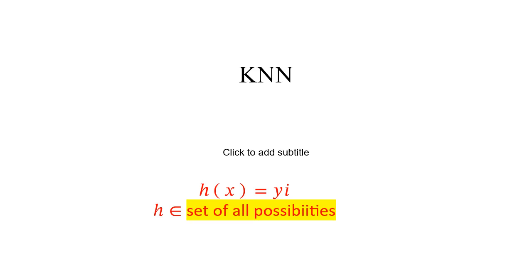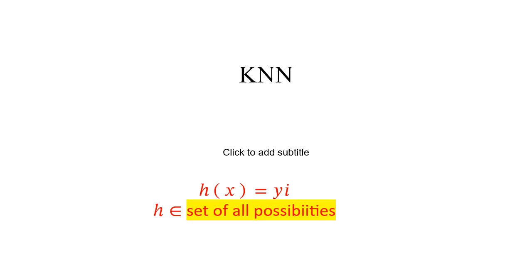It can be said in an equation form like h of x is y of i, where h covers all the possibilities of x which can give me the resulting output, which is our expected output. In machine learning, we say that it's our train set and test set.